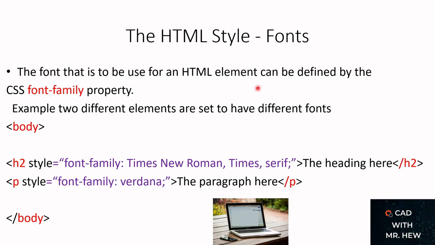So here we have in the heading 2 style is equal to open quotation, the font-family colon equal to Times New Roman comma Times comma serif semicolon close quotation, and this font will be applied to the words or the text. The heading is here, okay?